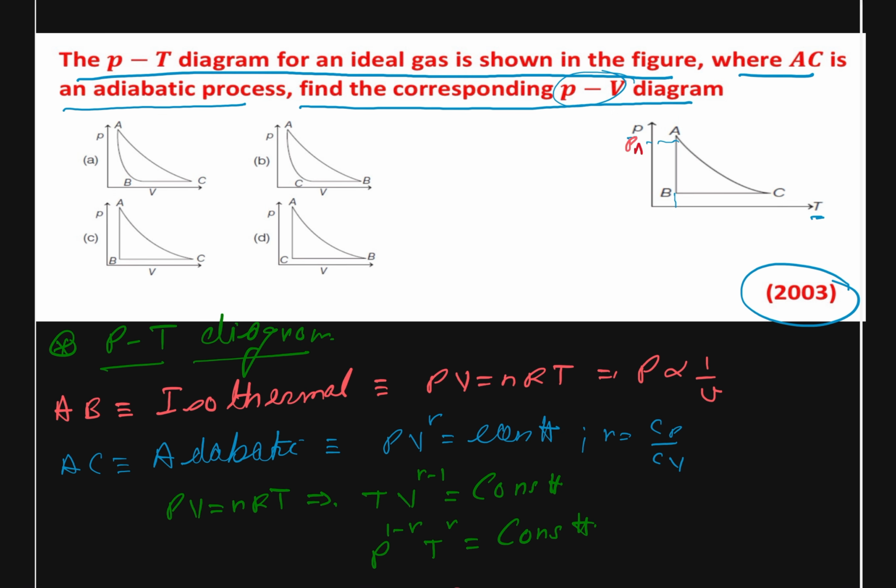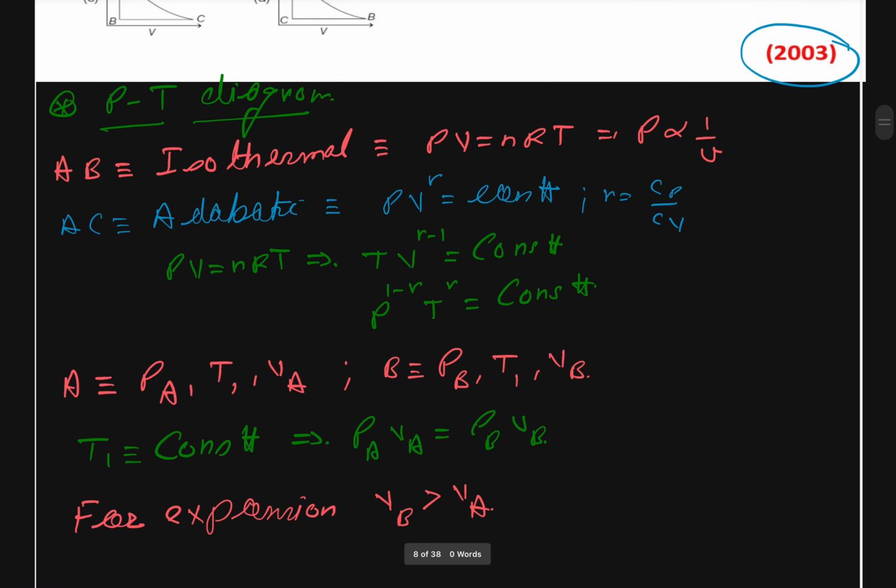This is PA and this is PB, and the corresponding volume is VA, and here we have VB. Okay, so PB is less than PA, so it will be reverse. I think this looks good.